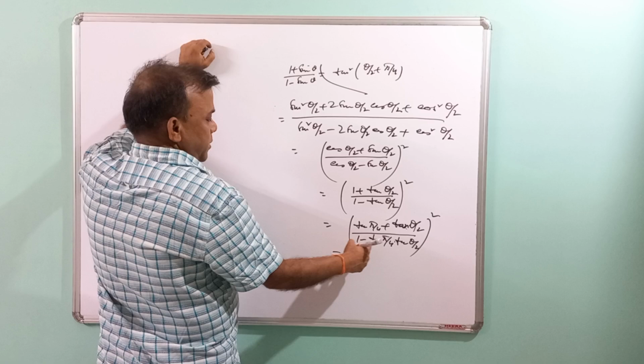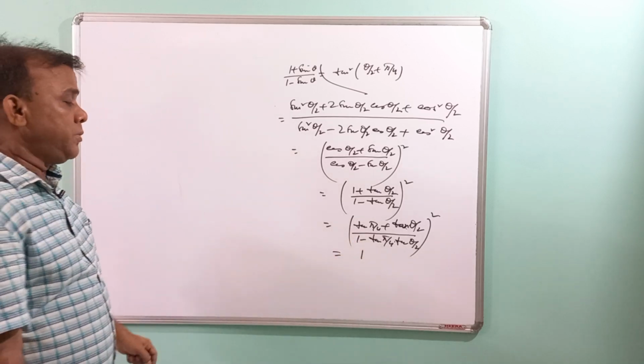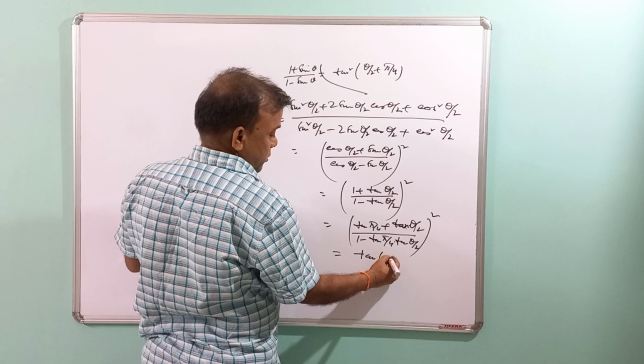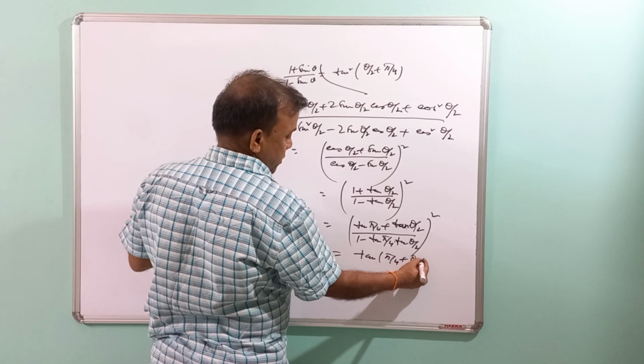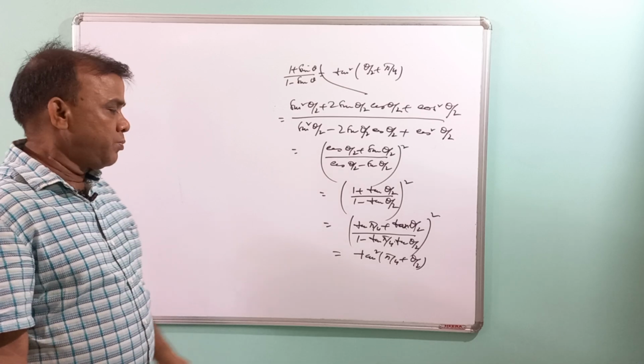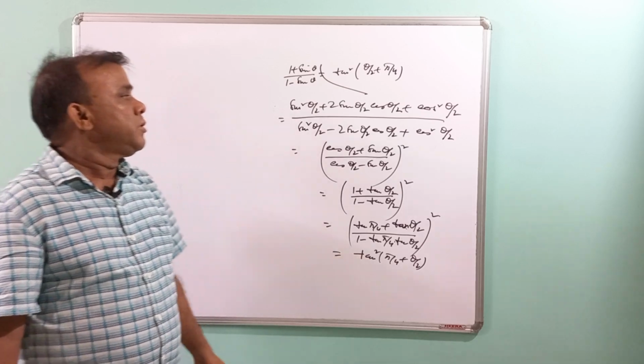Tan A plus tan B divided by 1 minus tan A tan B, the formula of this is tan of pi by 4 plus theta by 2. Therefore, tan square of pi by 4 plus theta by 2.